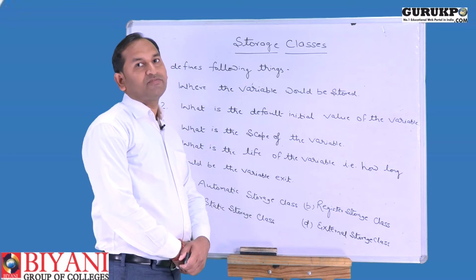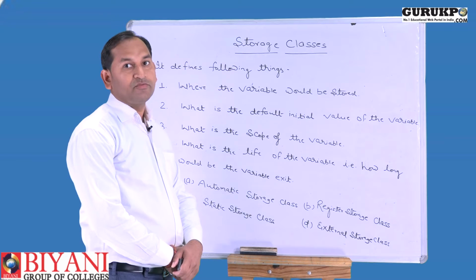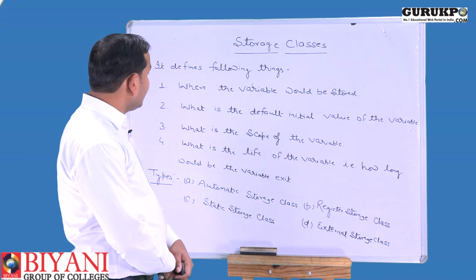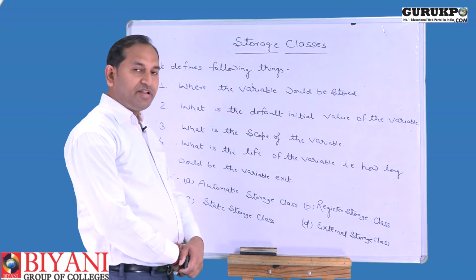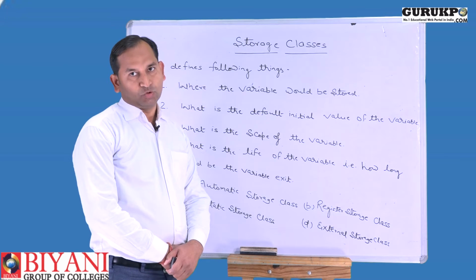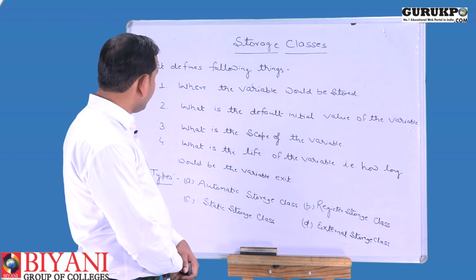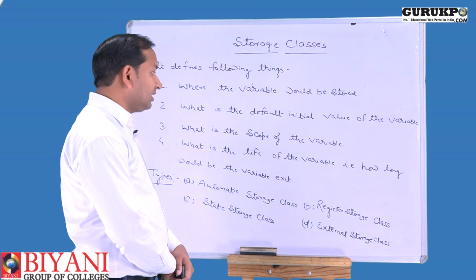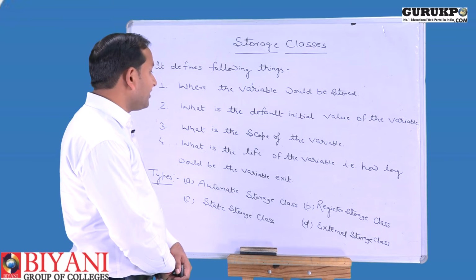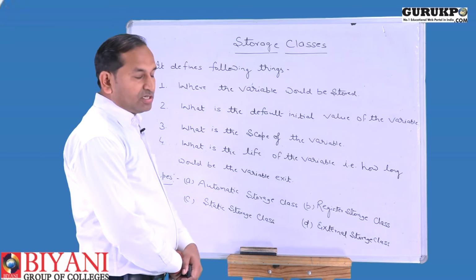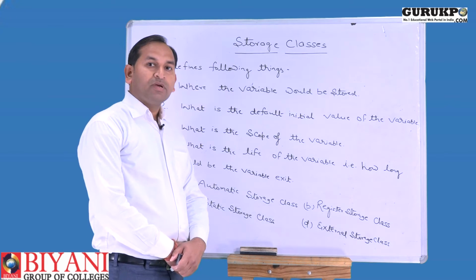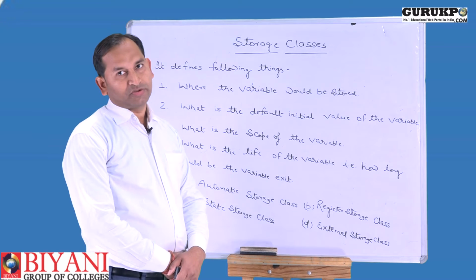Third key property, what is the scope of the variable. Every variable has a unique scope. Fourth key point, what is the life of the variable, that is, how long the variable will exist. So these are the four primary features or properties of storage classes.